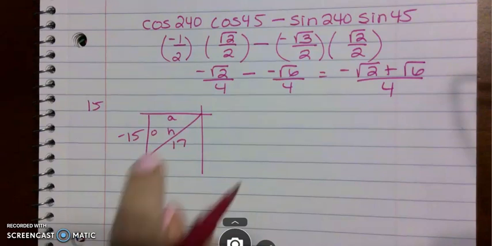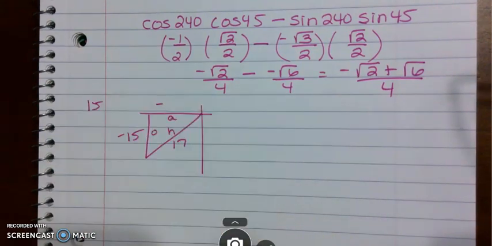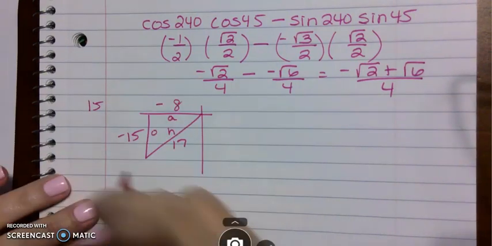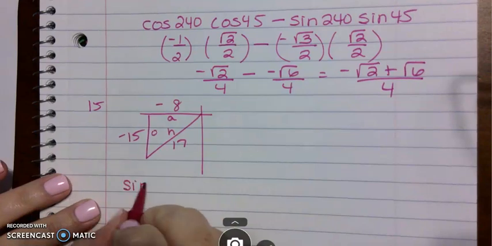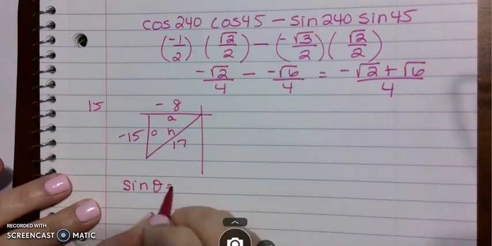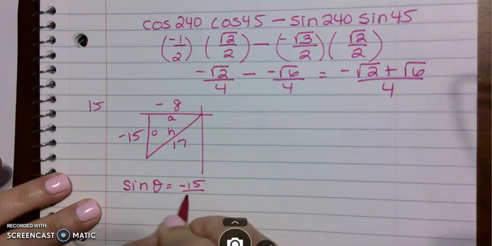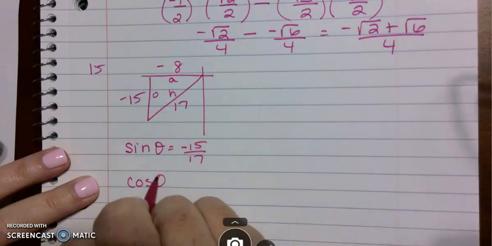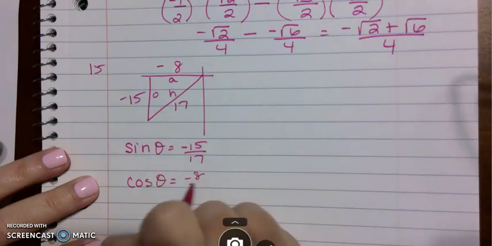Because we're in quadrant 3, 15 is going to be negative, and doing the Pythagorean triples, the other value becomes 8. So sine of theta equals negative 15 over 17, and cosine of theta is going to be negative 8 over 17.